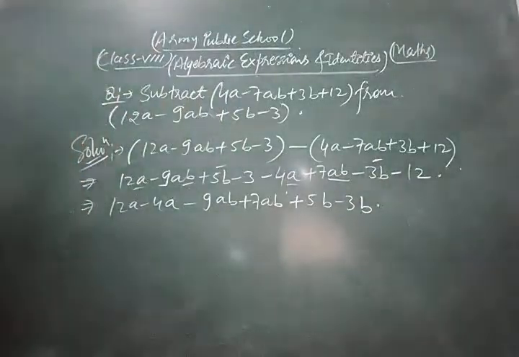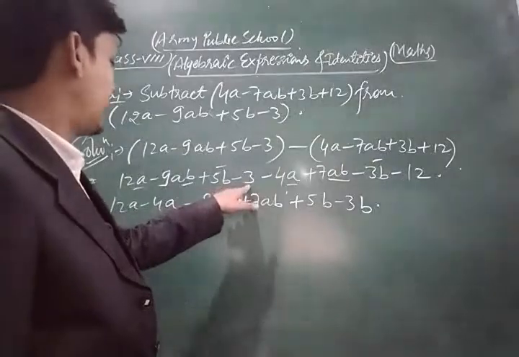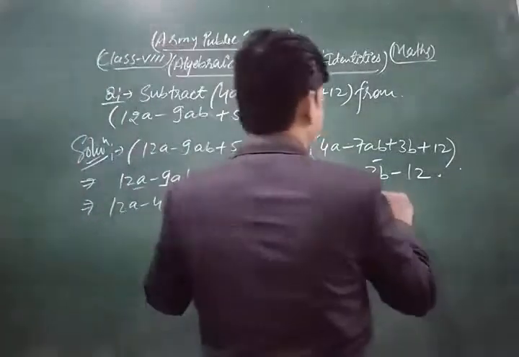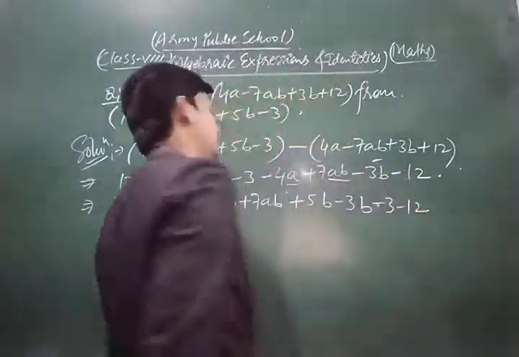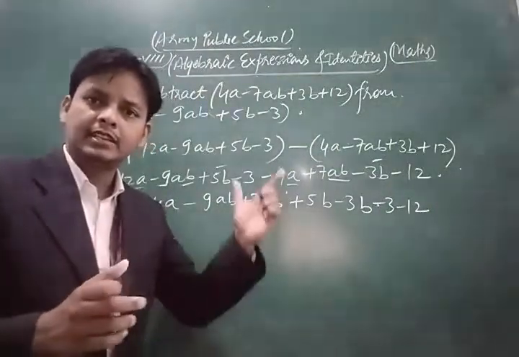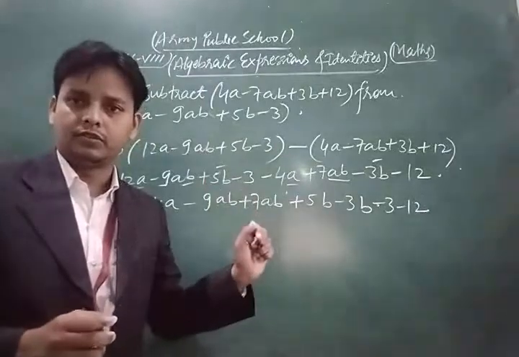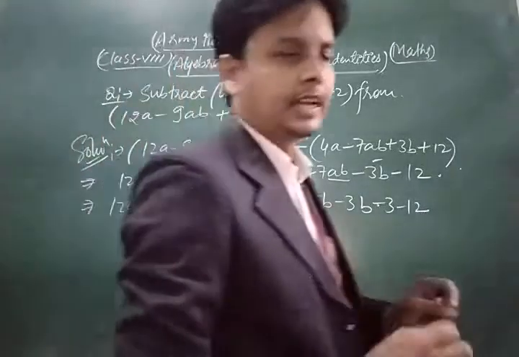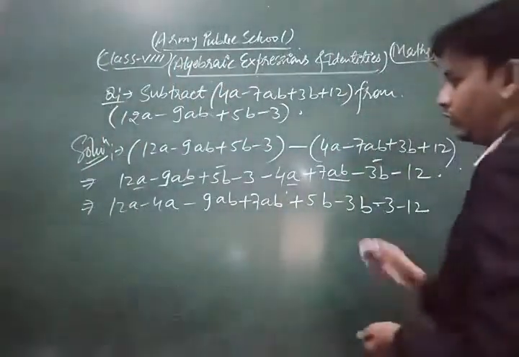And the constant terms are minus 3 and minus 12, so minus 3 minus 12 are taken together. So first of all we collect the like terms. Now look, we solve them.